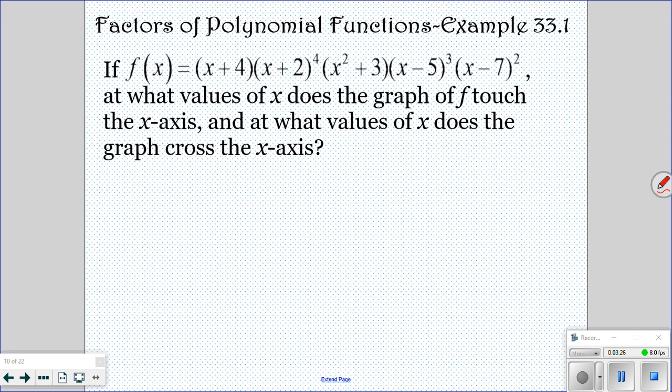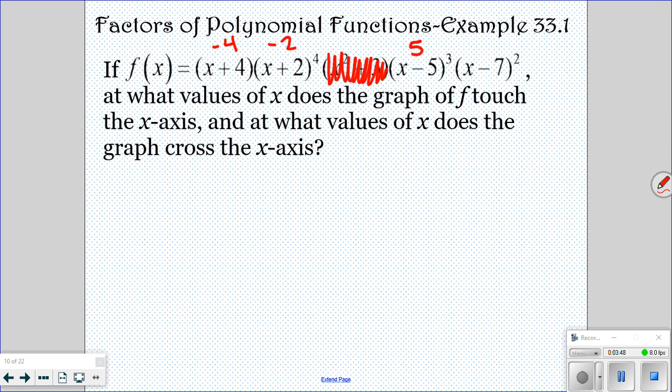For this one, where does it touch the x-axis and where does it cross the x-axis? So first off, we want to look, this is going to give us a -4. This one is going to give us a -2. What about this x squared plus 3? That's irreducible, so we mark it out. We don't use it.